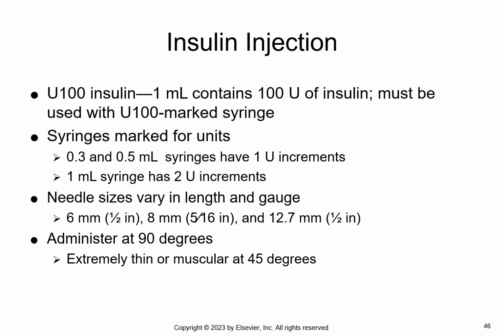When patients change from 0.3 or 0.5 to a 1.0, tell them of the dose increment differences. Insulin syringe needles come in 3 lengths: 5 millimeters, 8 millimeters, and 12.7 millimeters. Needle gauges vary among syringes.